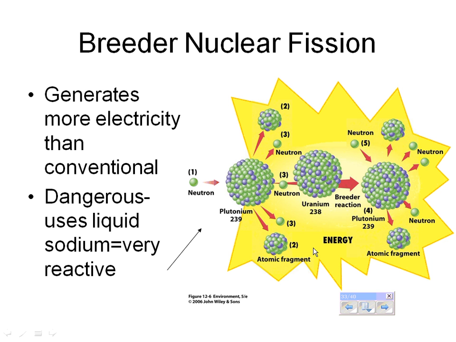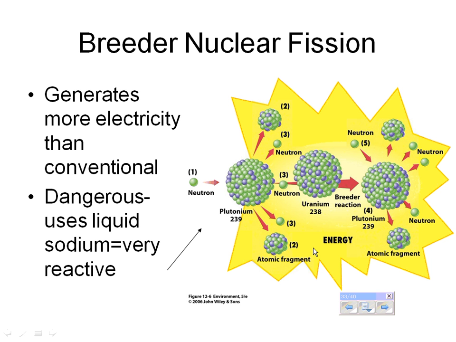You can see here it says it generates more electricity than conventional nuclear fission. It uses liquid sodium as the liquid in the primary circuit, and it's very reactive. If liquid sodium comes into contact with oxygen, then it can be explosive.